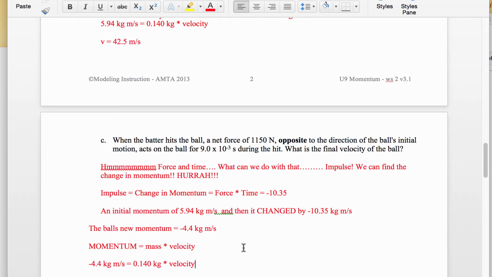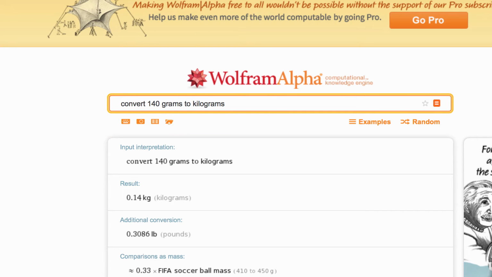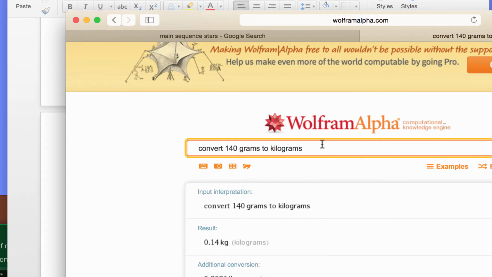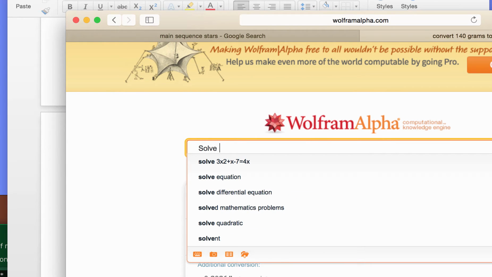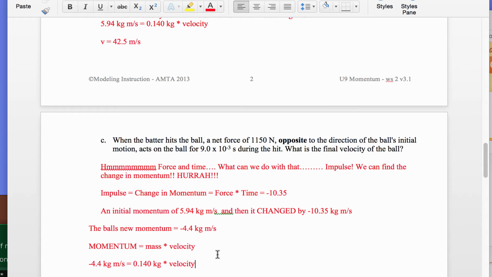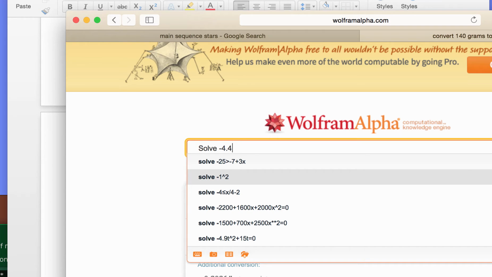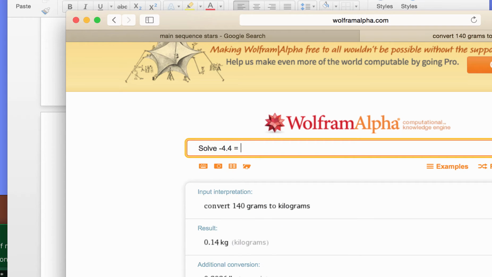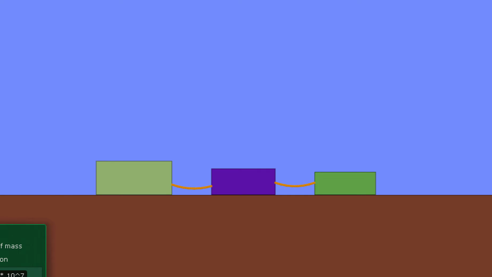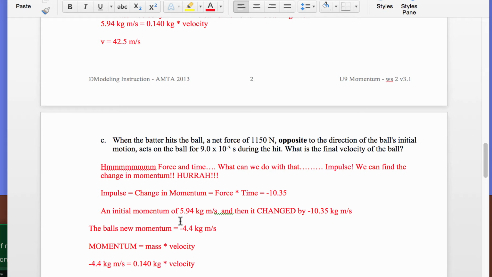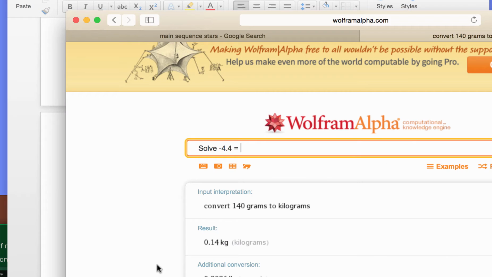And if you really hate solving these things, we can even do that in Wolfram Alpha. I could say solve, and then I just put in negative 4.4 equals 0.140 times x, or times v, or some other variable.